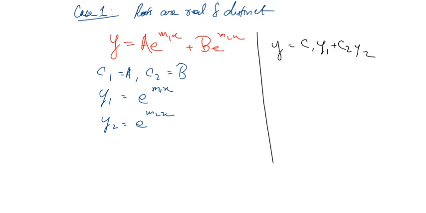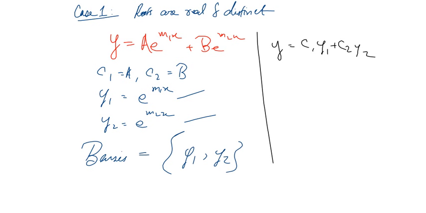So your basis in this particular case would be y1, y2, which gives you e to the power m1x and e to the power m2x. So this is the case of the roots being real and distinct.